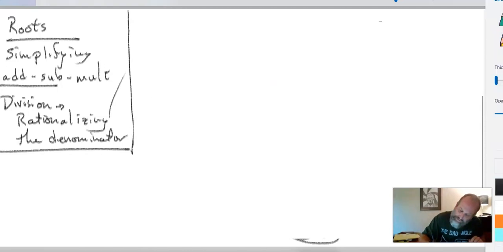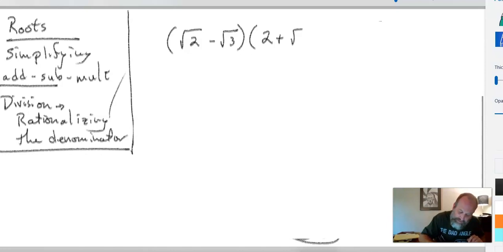Okay, so let's see here. How about root 2 minus the square root of 3 times 2 plus the square root of 3. Okay, so that's one to play with.